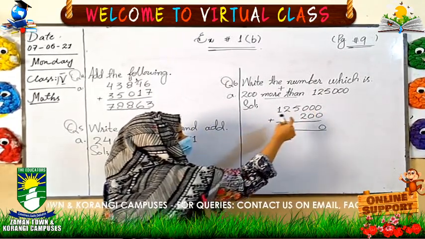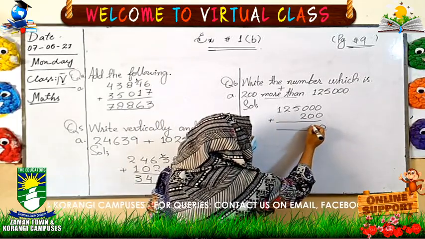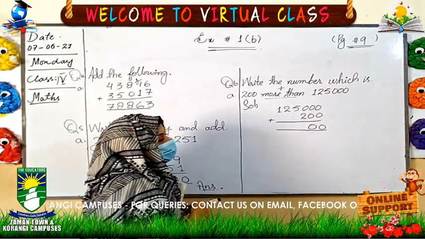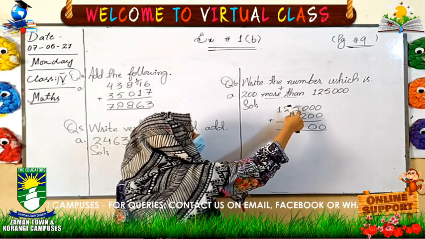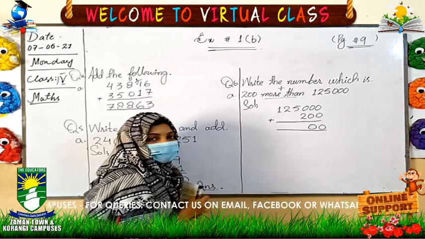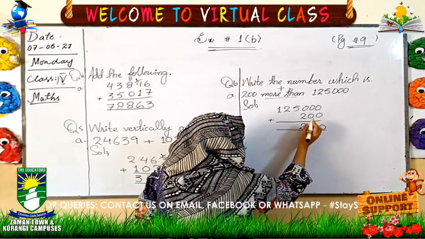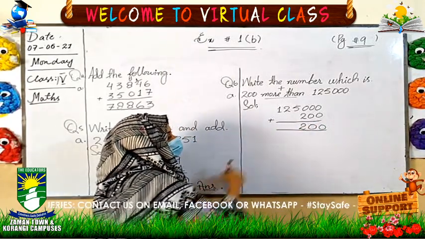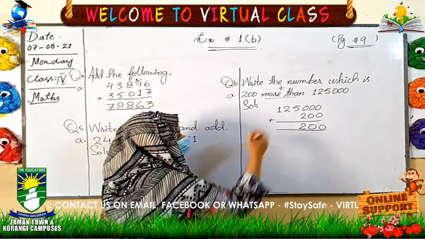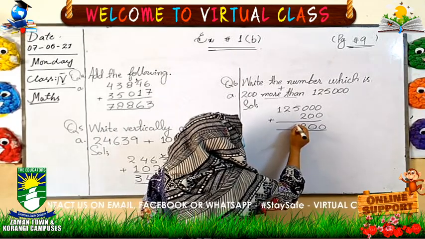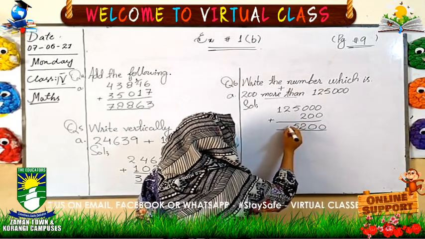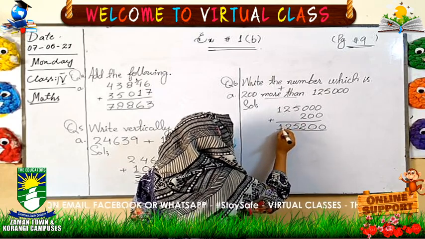When we add 0 and 0, it becomes 0. And now look here. When we add 0 and 2, it becomes 2, same as it is. So we will just write 2 here. And there is nothing else, so we will just copy these numbers as they are: 5, 2, 1.